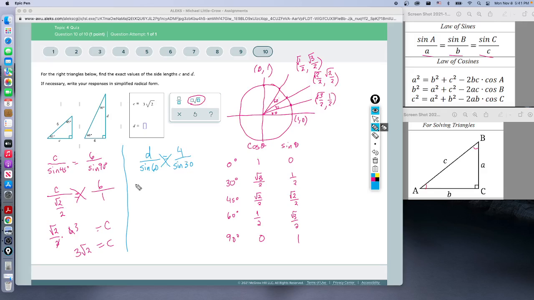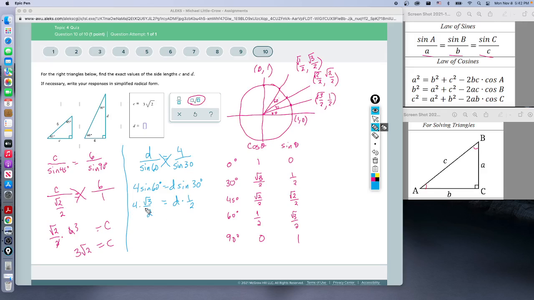So on this side we have 4 sine of 60 degrees equals d sine of 30 degrees. And we look this up: sine of 30 degrees is 1/2, so we get d times 1/2, and sine of 60 degrees is square root of 3 over 2, so this becomes 4 times square root of 3 over 2.